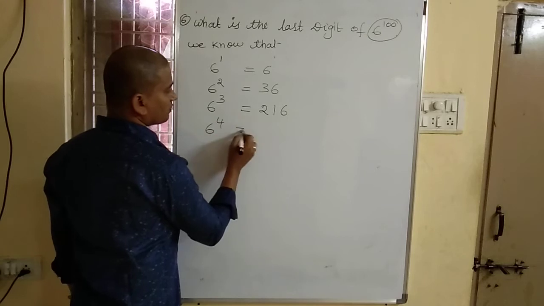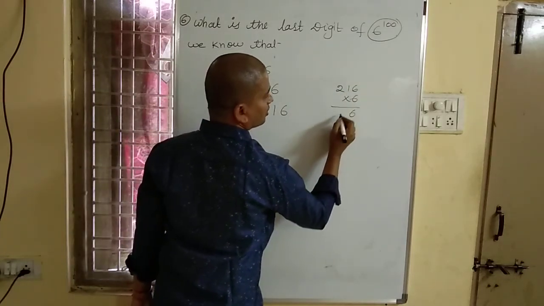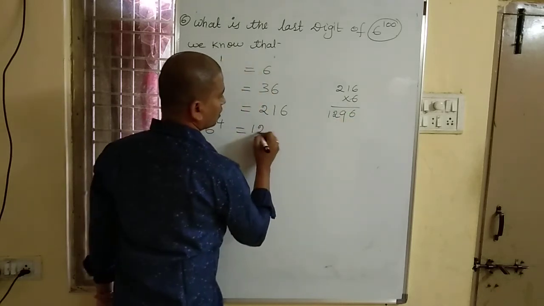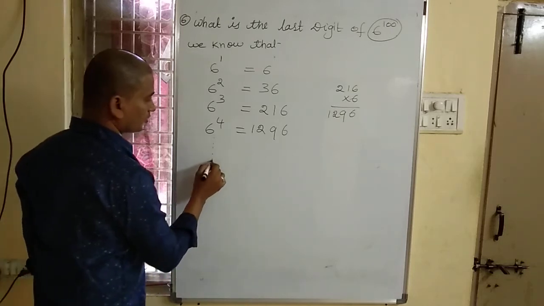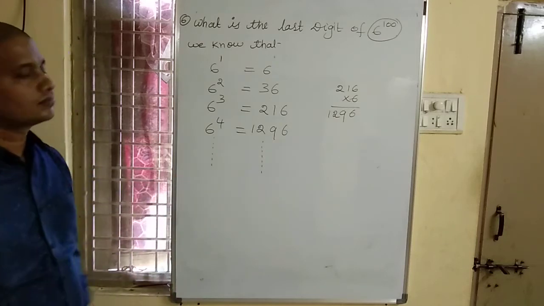What is the value of 6 power 4? I mean 216 into 6. 6 times 6 is 36, 6 times 1 is 6 plus 3 is 9, 6 times 2 is 12, which is equal to 1296. And so on, up to 100.